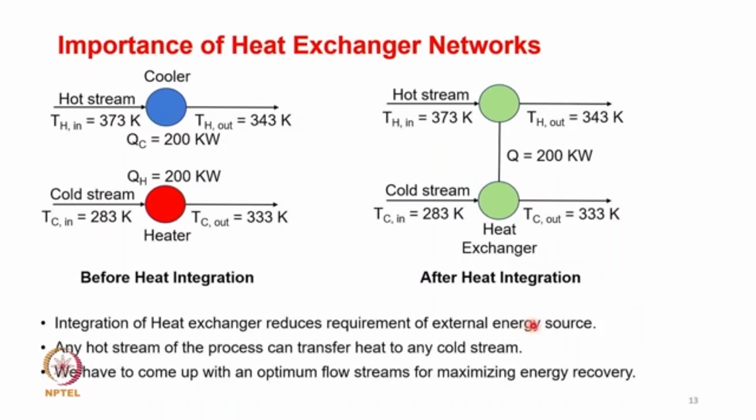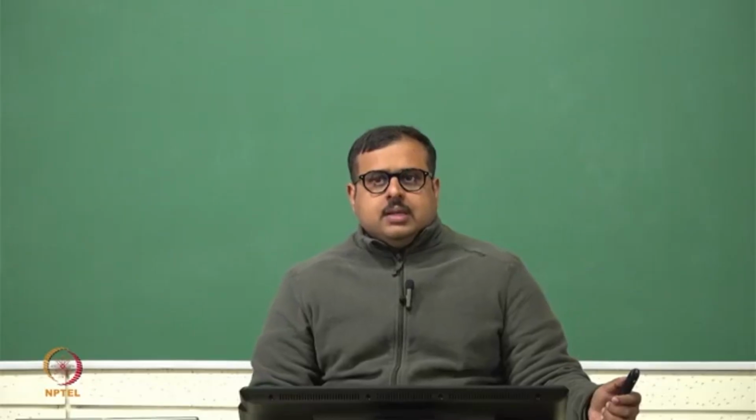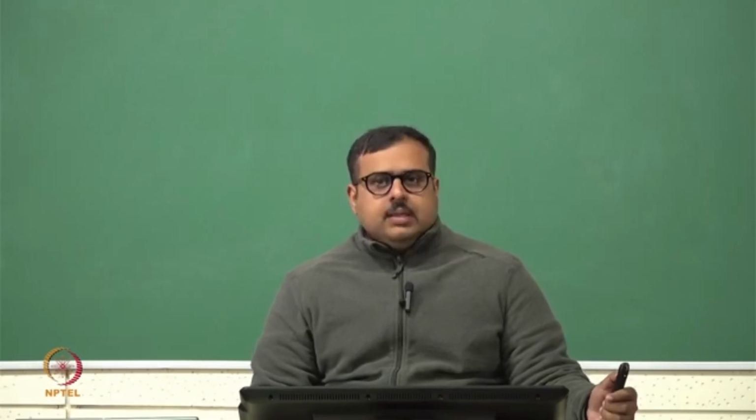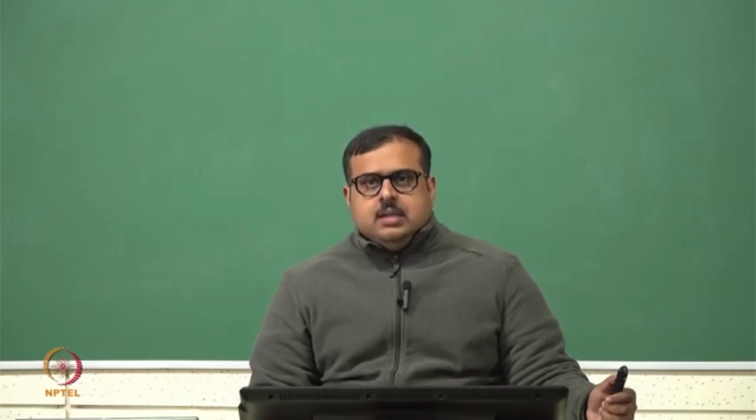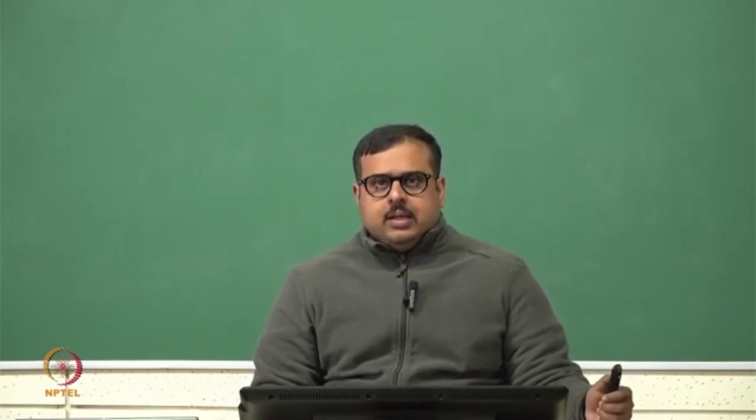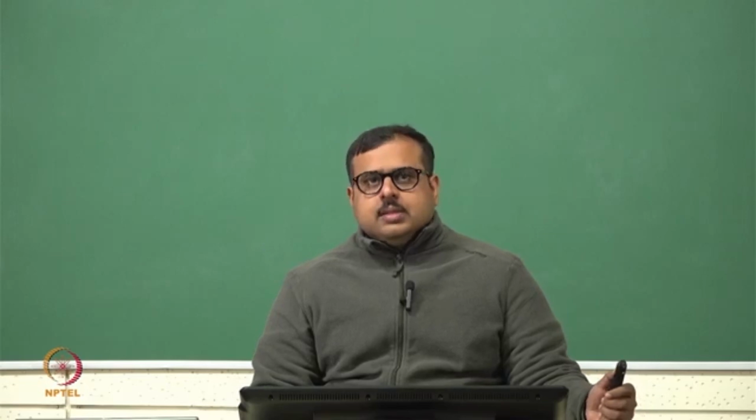Any hot stream of the process can transfer heat to any cold stream, so we have to come up with an optimum flow arrangement to maximize the energy recovery. If you could optimize this entire process, it would result in maximum energy recovery, thereby achieving savings in terms of energy, economics, and eventually lesser emissions, leading to overall sustainability.